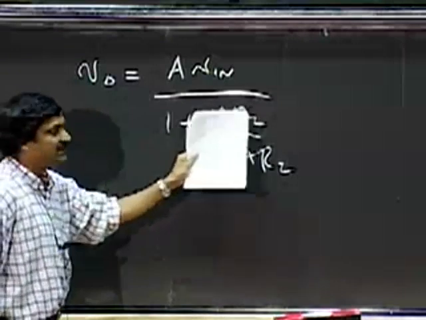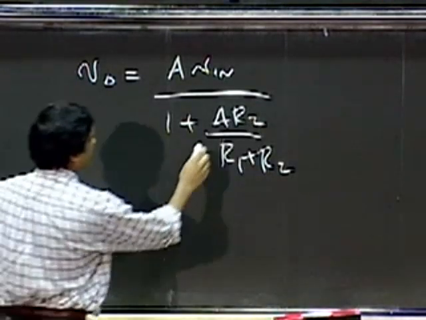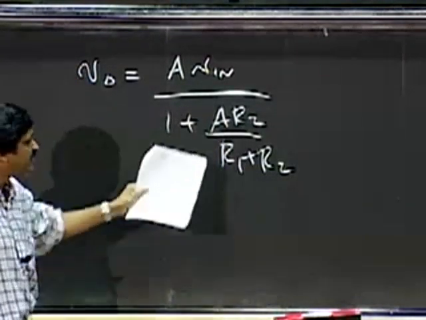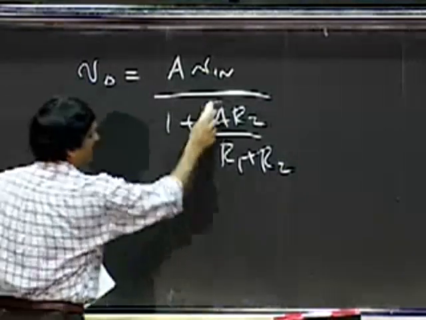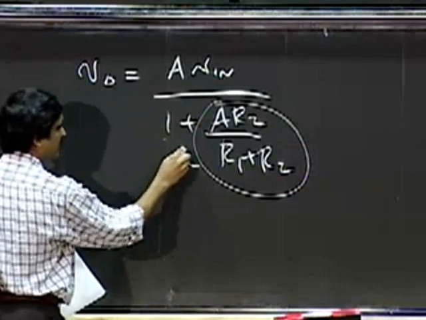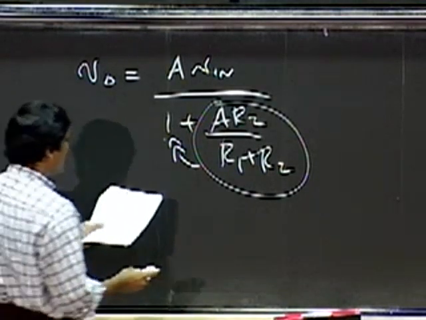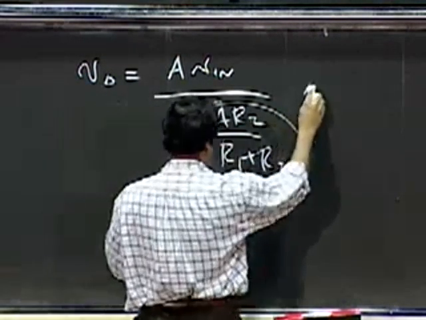Suppose R1 and R2 are more or less comparable, and A is 10 to the 6. It's a huge number, so that this whole number is much, much, much greater than 1.